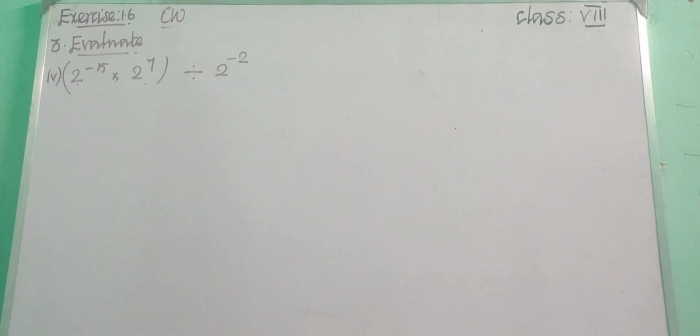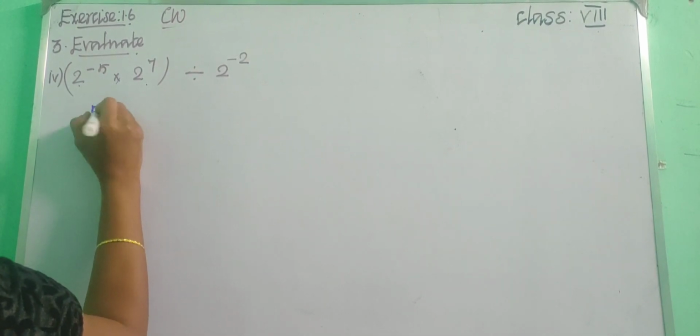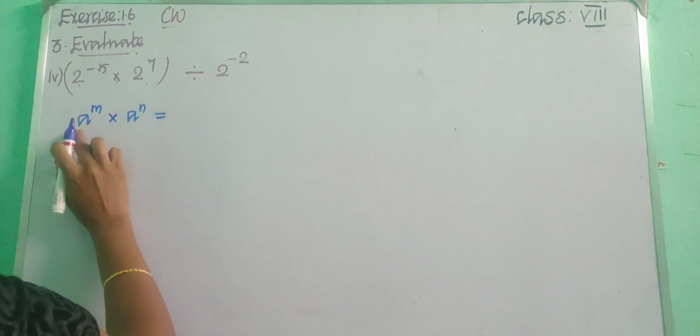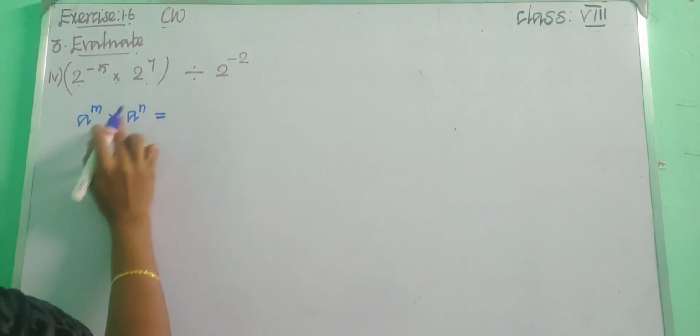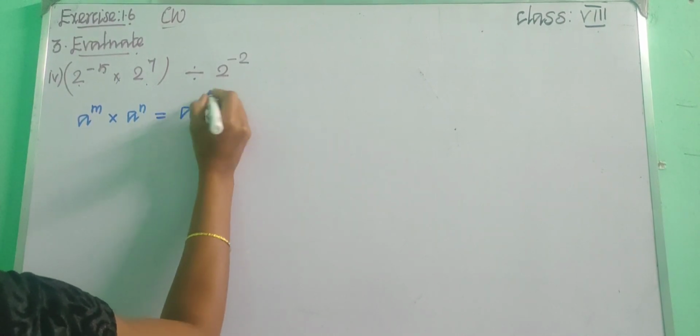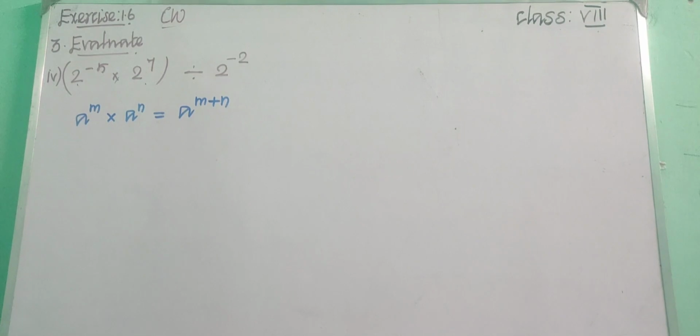How will you write the product law? a power m into a power n equal to, how will you write? Same bases, different powers, and a multiplication symbol, so a power m plus n.